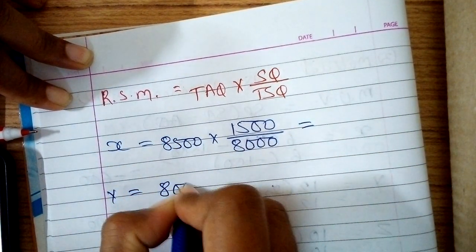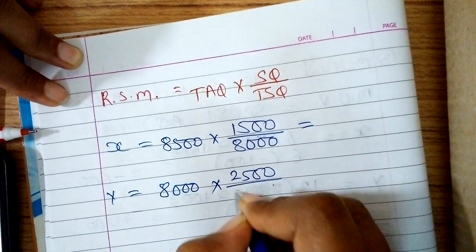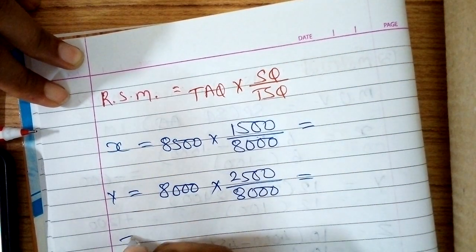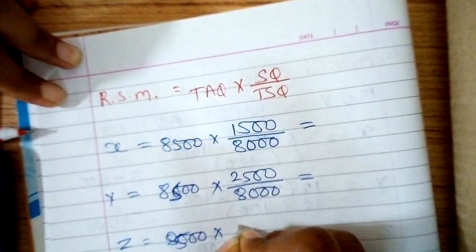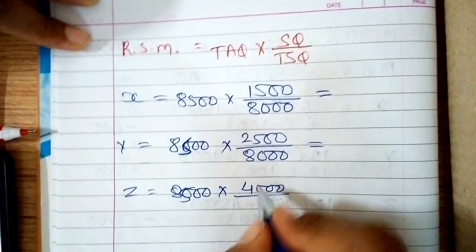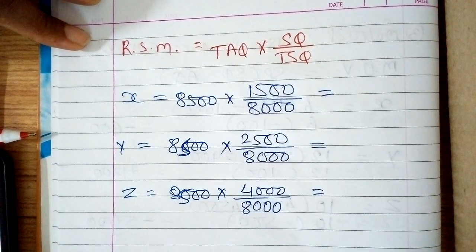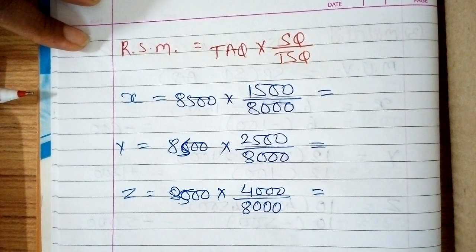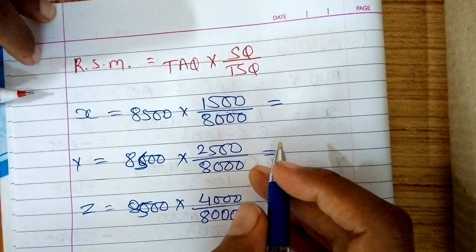For Y, 8500 into 2500 divided by 8000, and for Z, 8500 into 4000 divided by 8000. It will be like this. So answer of X is 8500 into 1500 divided by 8000. 1594.